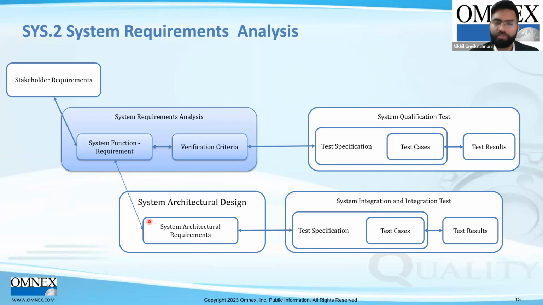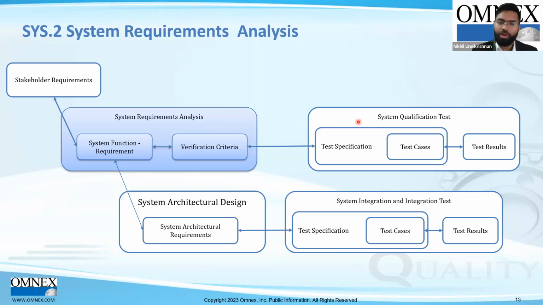And then once that has been done, you're going to perform integration level testing and that's what is getting accomplished right over here. So finally, going back up, you can see here the qualification level testing will be done against the system requirements analysis. And that's why you have the bidirectional traceability going again between the two blocks.